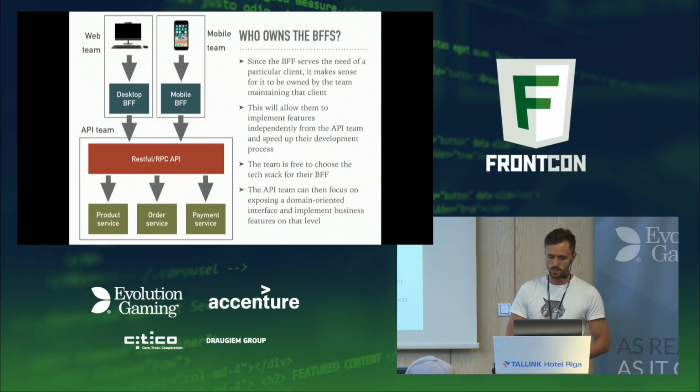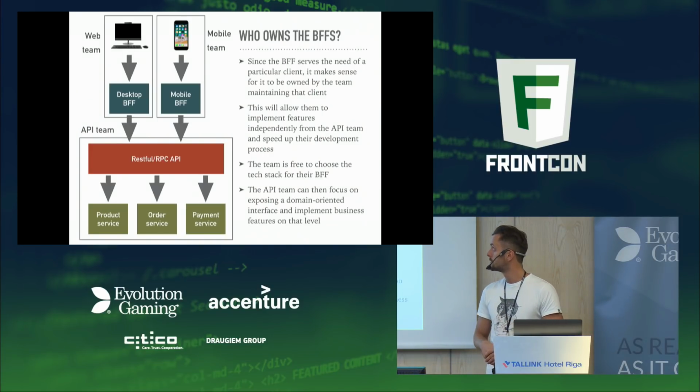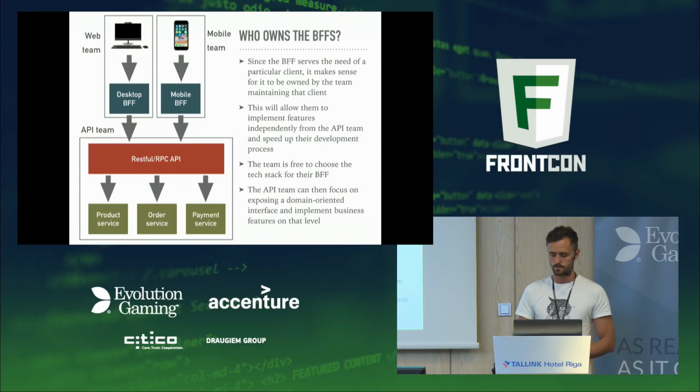That makes sense. So this gives you the ability to choose your tech stack more freely. It also relieves the effort from the API team because now they can focus on actually implementing business features. They can go back to their clear, bounded context, domain-driven design thing and not think too much about the needs of these particular clients.